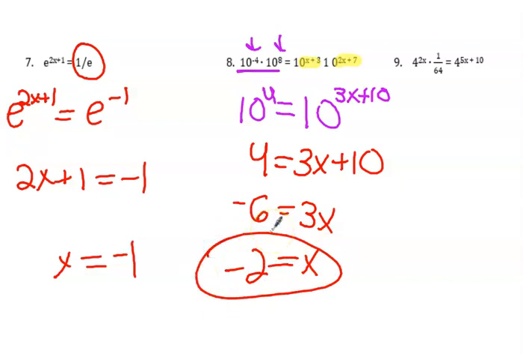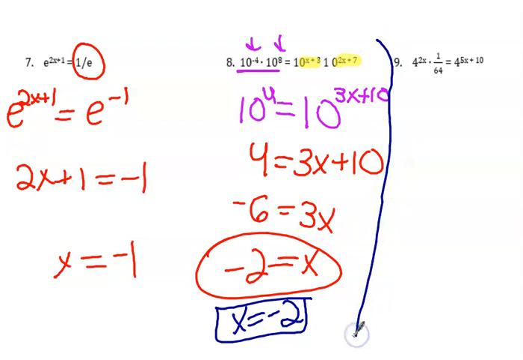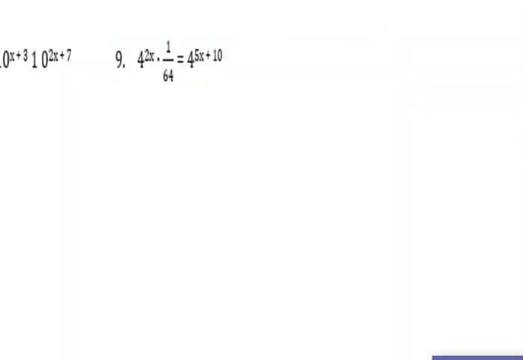All right, number 9. If this stresses you out, you can flip it around. Sorry. All right, number 9. Again, a little bit harder to unpack, so let's look at this one. All right, so we have 4 to the 2x times 1 over.